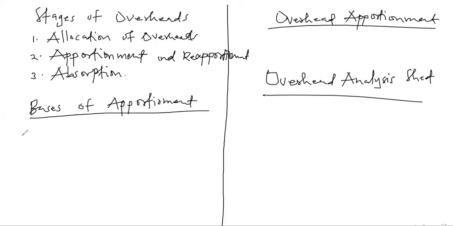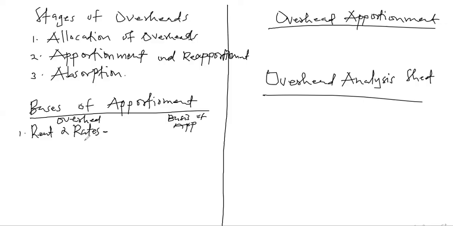So what if there is an indirect cost of rent and rate? That is the overhead, and the basis of apportionment.